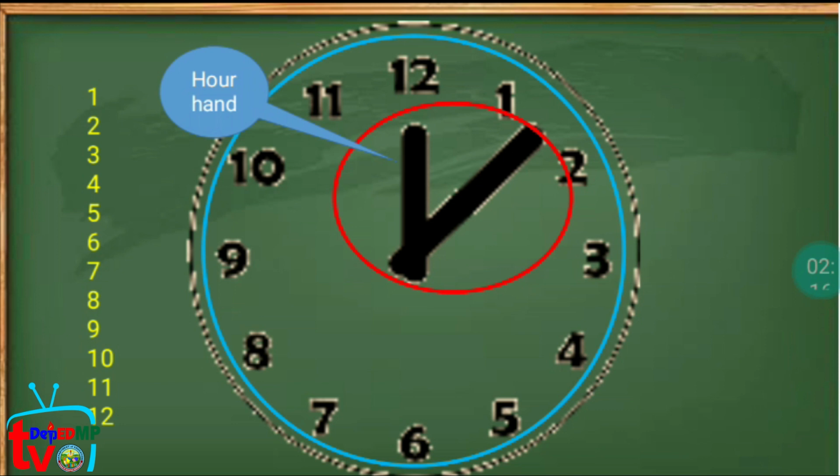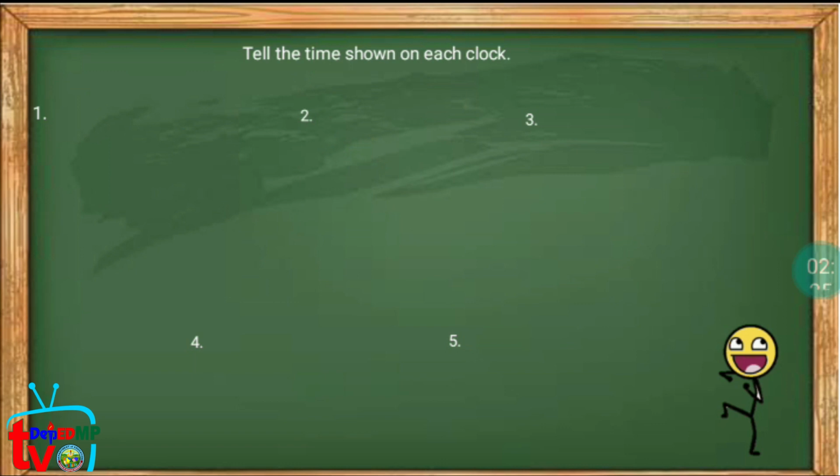We call it the hour hand and the minute hand. Using the hour hand and the minute hand of the clock, tell the time shown on each clock.